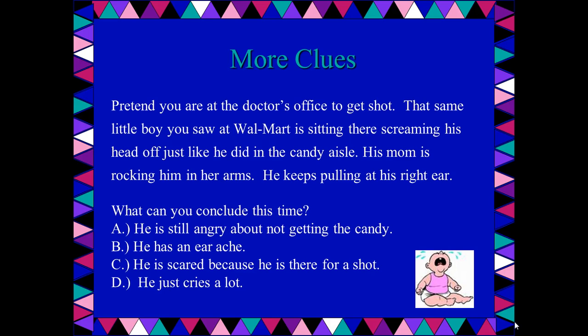He's there at the doctor, and of course, there is no candy aisle, so it can't be because he can't get any candy. It can't be because he doesn't want to leave Walmart. So you would conclude that if he's pulling his ear and his mom is rocking him, he must have an earache.